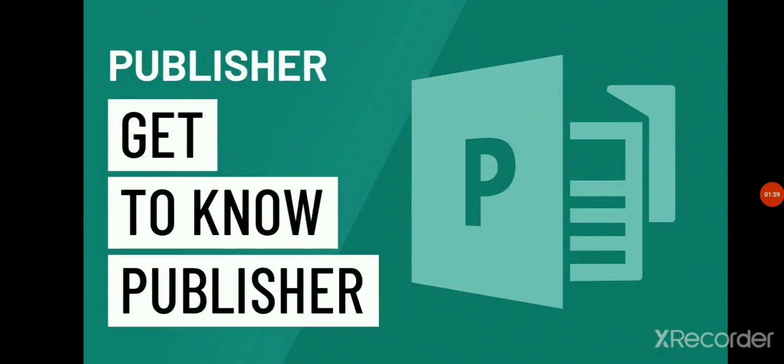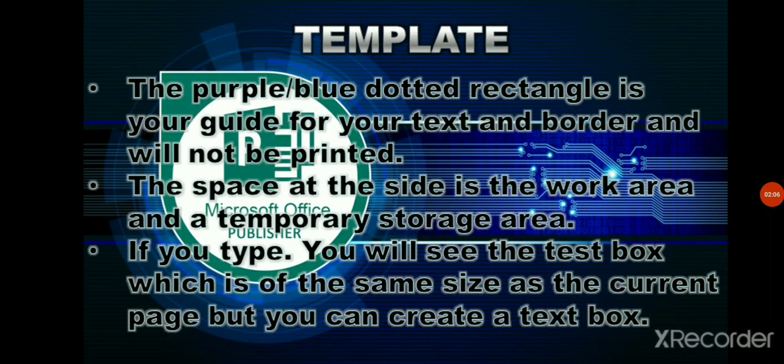Now, how do we get to know Publisher? In the basic concepts of MS Publisher, one is the template. The purple blue dotted rectangle is your guide for your text and border. It will not be printed. The space at the side is the work area, the temporary storage area.